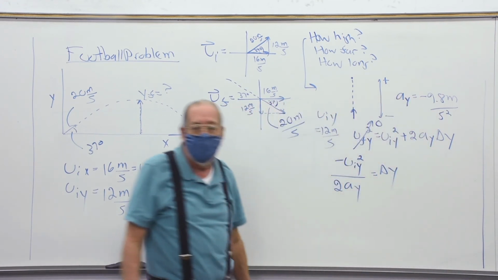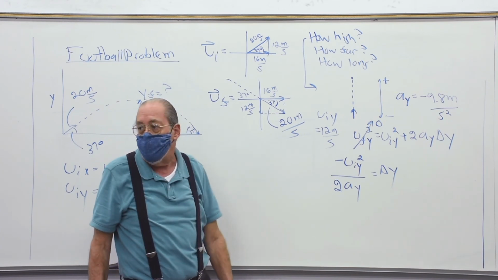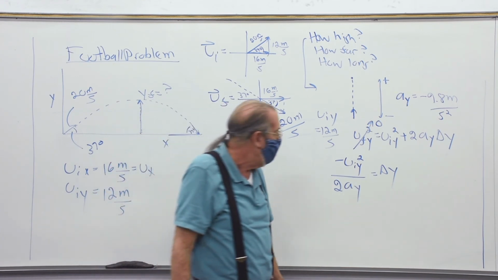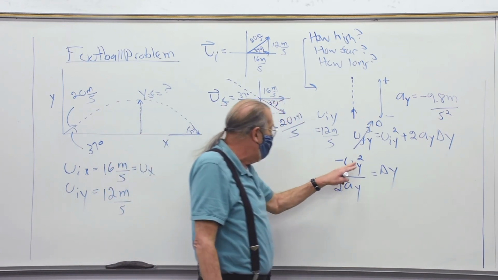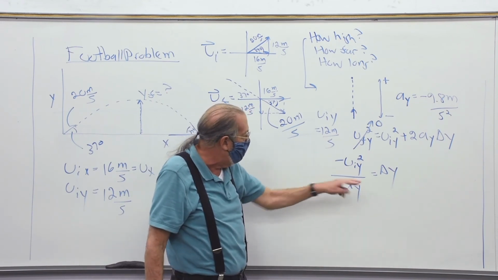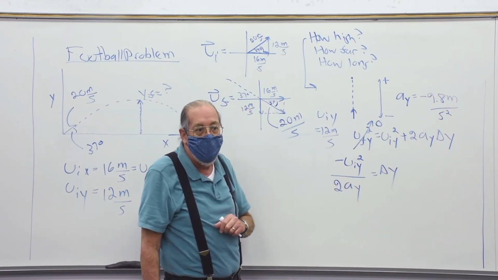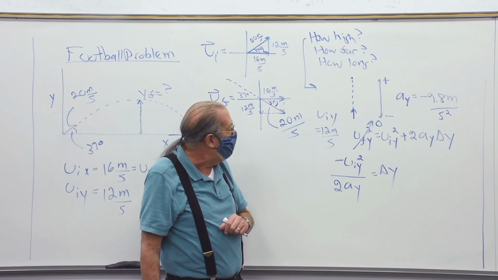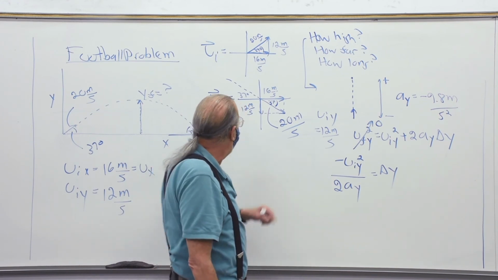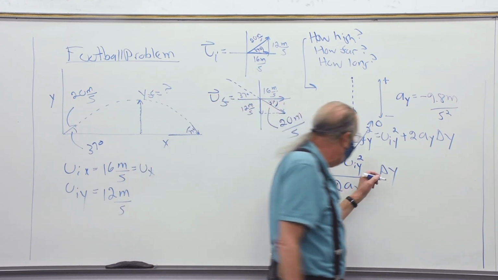I skipped a few algebra steps. Don't you do it. You show those steps, okay? So that negative v initial y squared over 2a sub y is delta y. And delta y is y final minus y initial, but y initial is 0. So this is the same as y final.